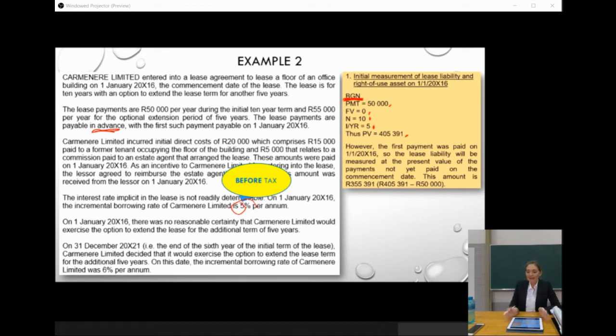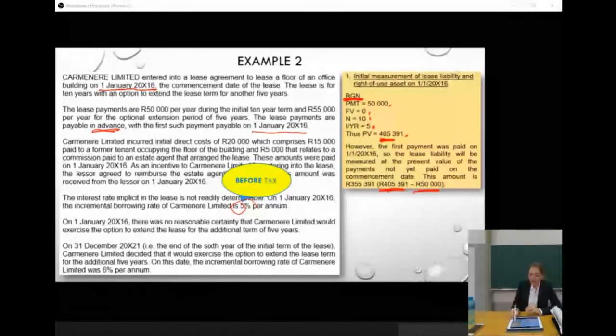Okay. However, we calculated what the present value was, but now we have to remember that the first lease payment was actually paid on the 1st of January, which is the commencement date of the lease. So therefore, my initial measurement of the lease liability is actually going to be the 405 less that first payment.